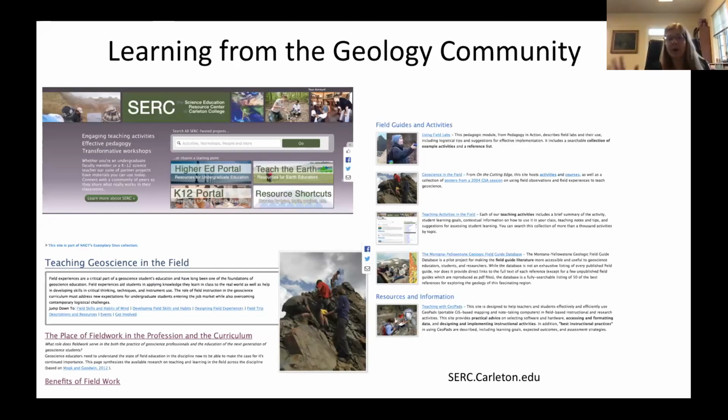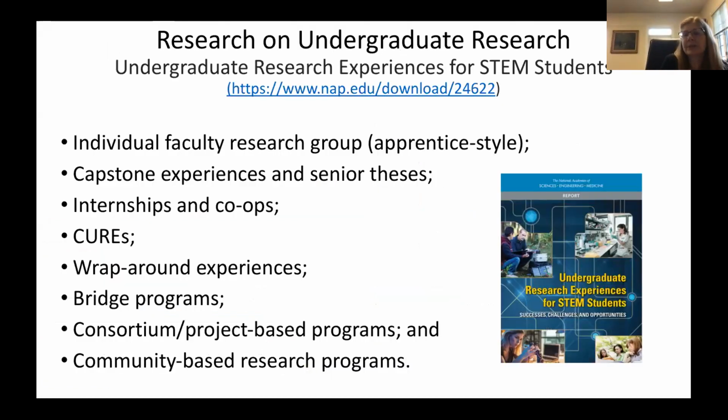And then we want to pull things together towards the end, with some work that my team and I did while I was at NSF, really wanting to push the research agenda to understand what we need to know about undergraduate research. We commissioned and funded the National Academy of Sciences to do a study on the multiple dimensions of undergraduate research experiences for STEM students.